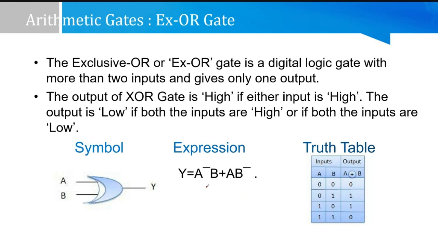Next will be the arithmetic gates, nothing but the XOR gate. XOR is the exclusive OR gate, which has two inputs and provides only one output. Here this is the symbol of the XOR gate, or else you can use this symbol.